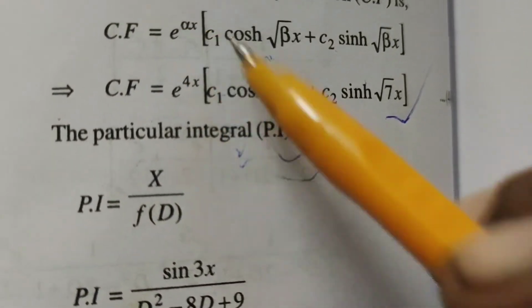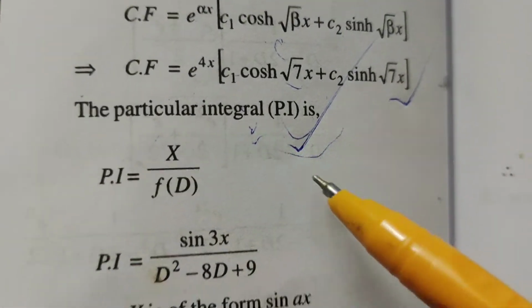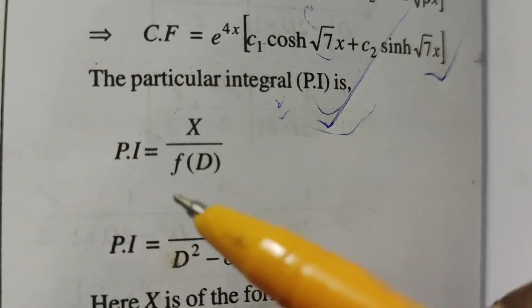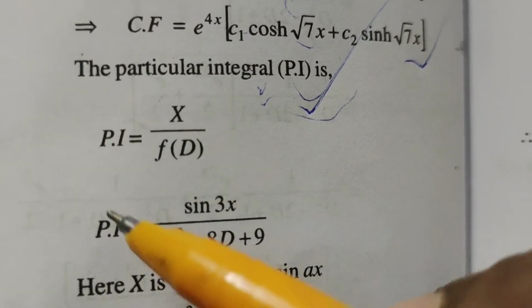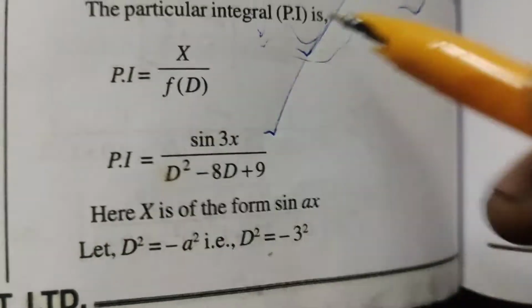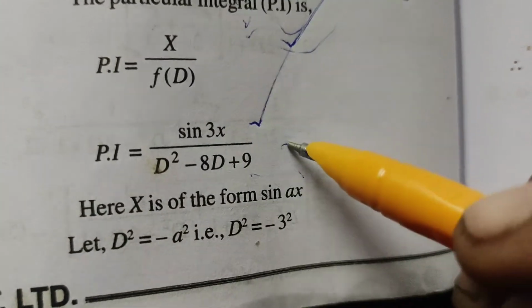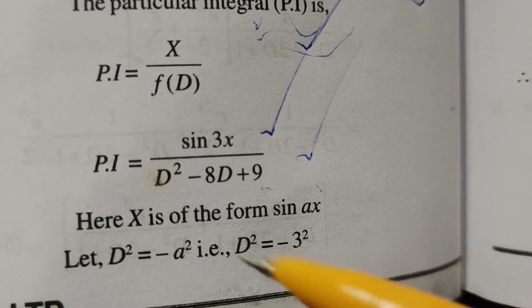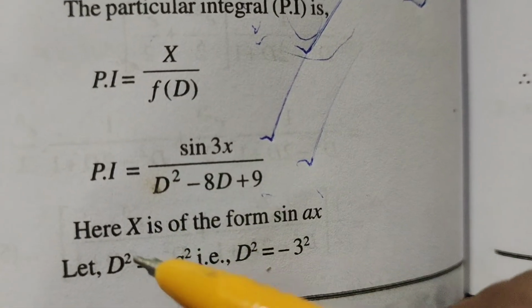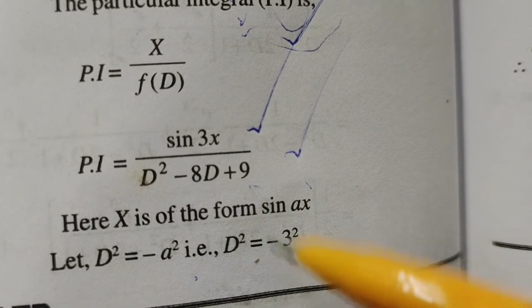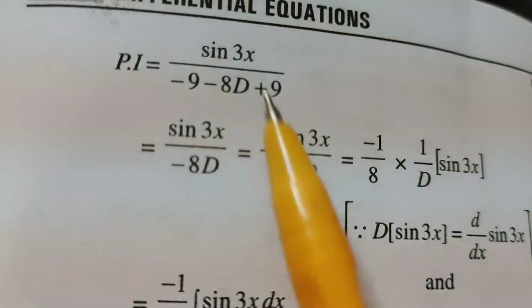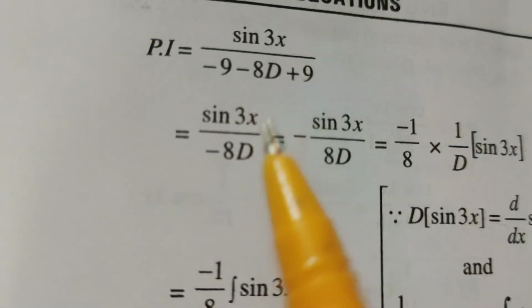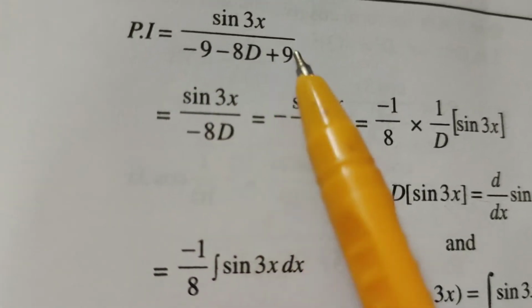Now we find the particular integral, using the formula PI = X / f(D). So PI = sin 3x / (D² − 8D + 9). Here X is of the form sin ax, so D² = −a², that is D² = −3². Substituting D² = −9, PI = sin 3x / (−9 − 8D + 9).